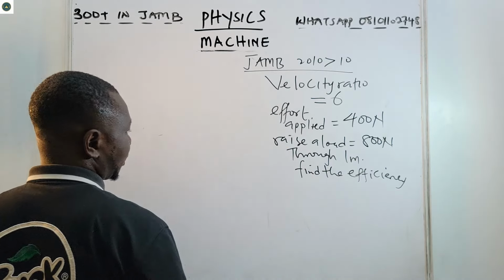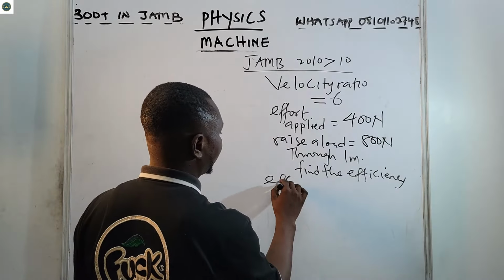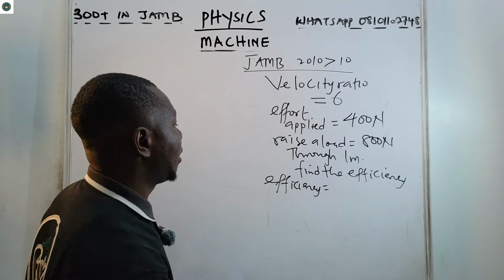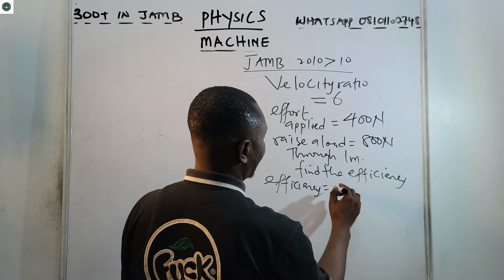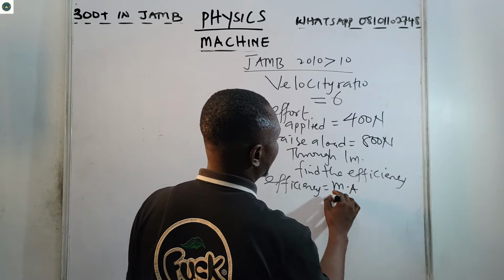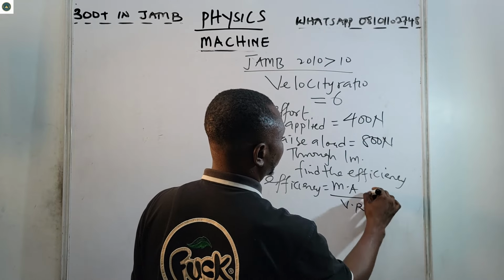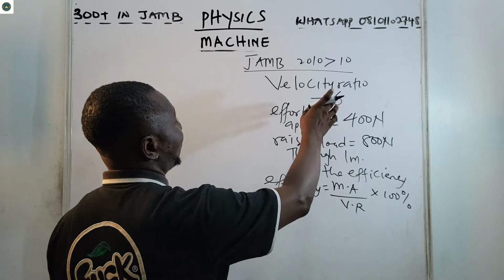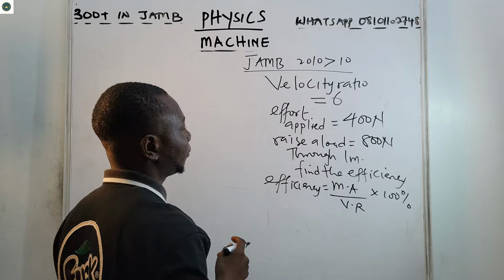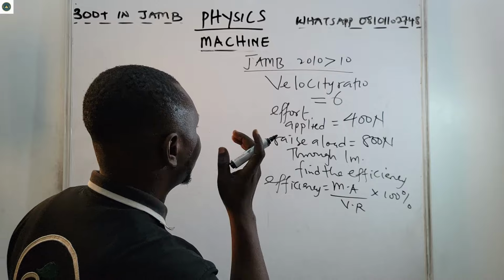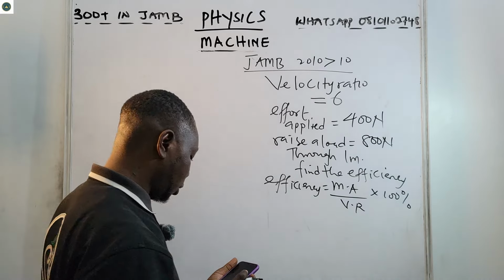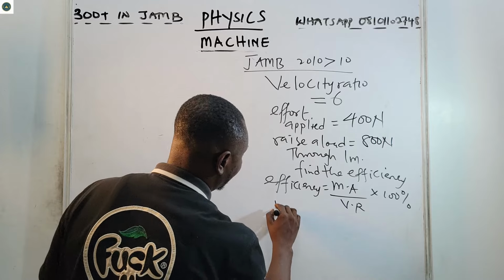Now we know that efficiency is mechanical advantage over velocity ratio times 100 percent. Already we have the velocity ratio. Now we need our mechanical advantage.